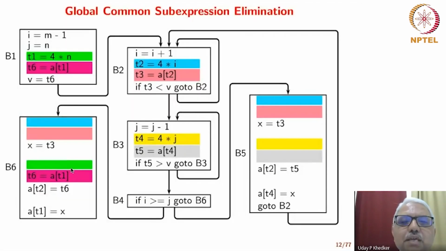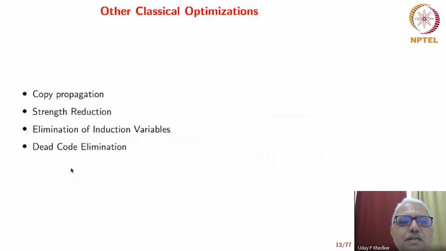So eventually our optimized program looks like this. So we have got rid of many further computations. So this is global common sub-expression elimination, and by the end of this lecture you will know how this is done systematically. But there are further optimizations which are enabled by data flow analysis, and let's spend a bit of time on them. We're talking about copy propagation, strength reduction, elimination of induction variables, and dead code elimination.